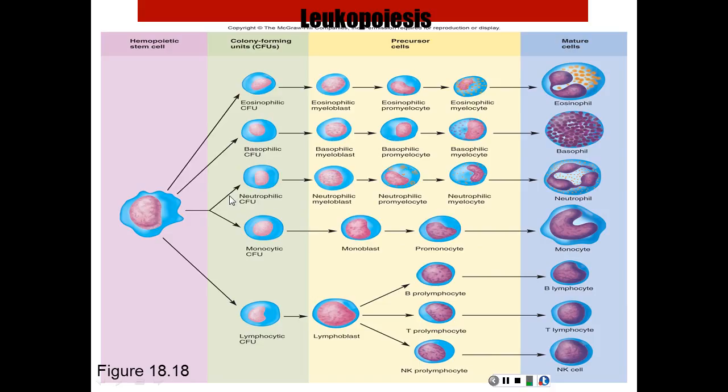And our myeloblasts eventually give us our eosinophils, basophils, and neutrophils. So you see the distinction. These 3 are formed from the myeloblast, our monocyte is formed from the monoblast, and our lymphocytes are formed from the lymphoblast.